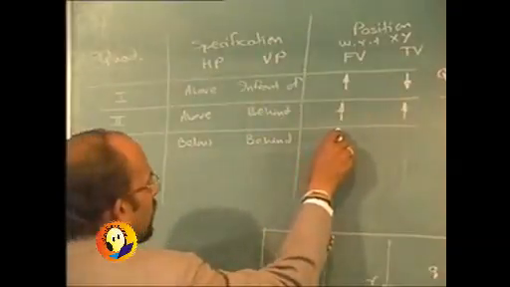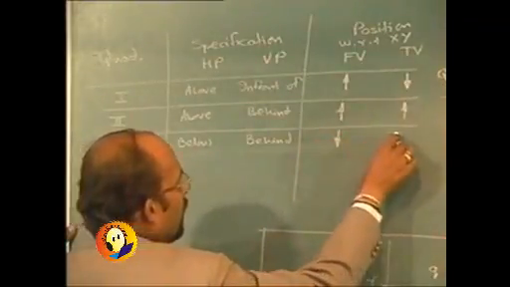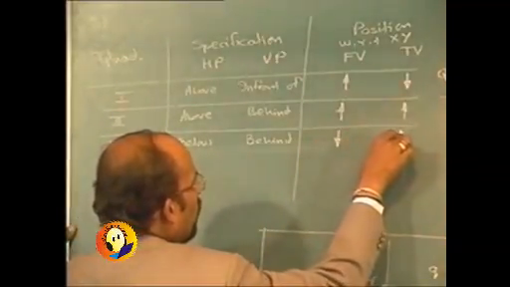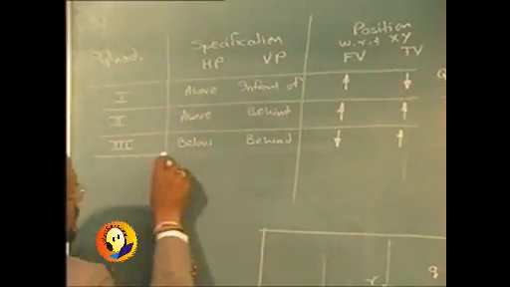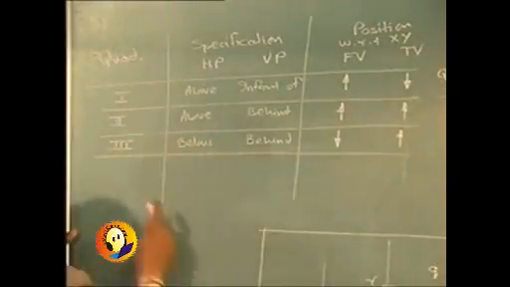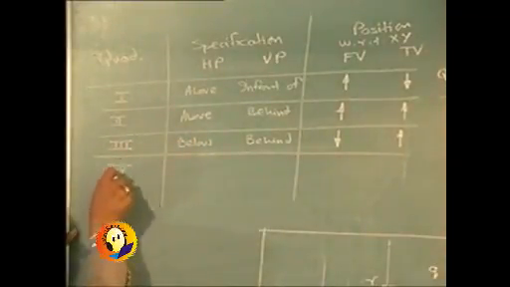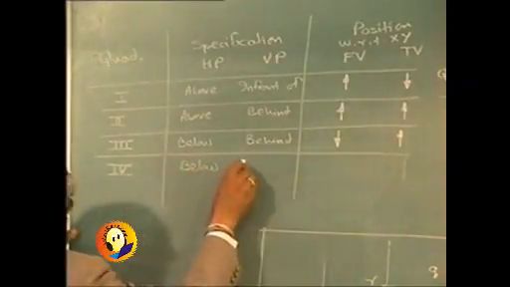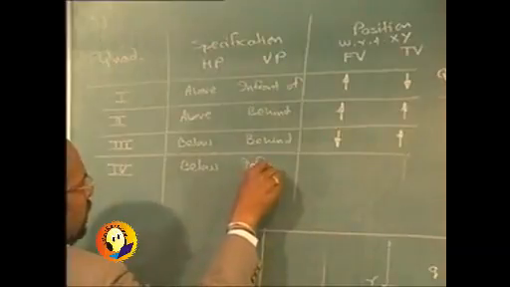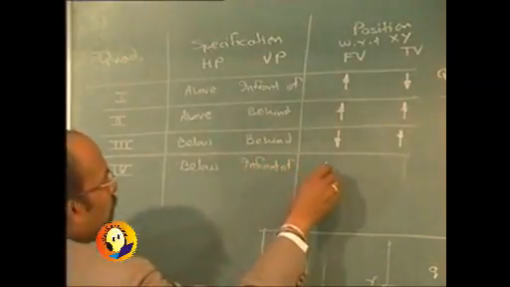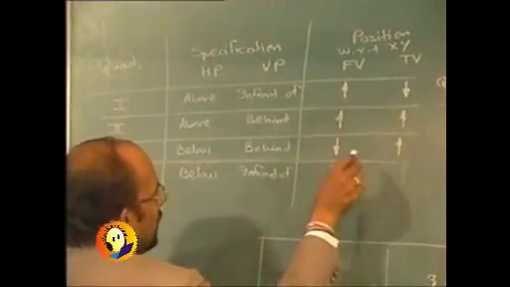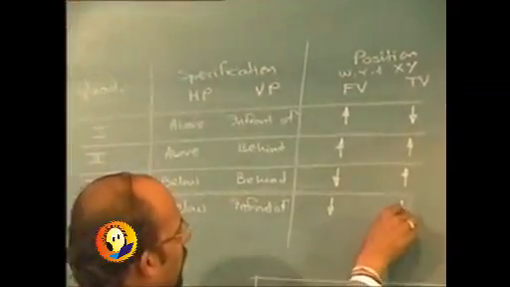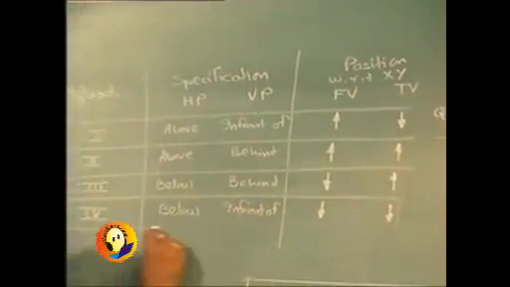In that case, front view will be below XY and top view will be above XY. And in quadrant number 4, the description is below HP and in front of VP. Front view will be below XY line and top view will be below XY line.